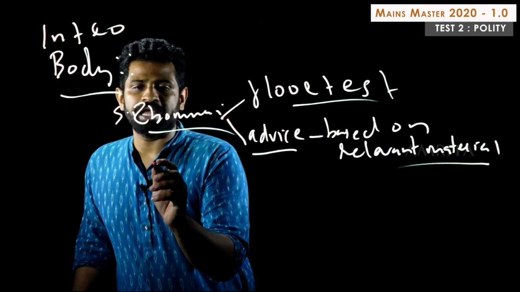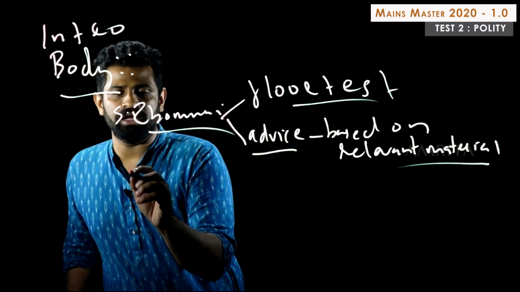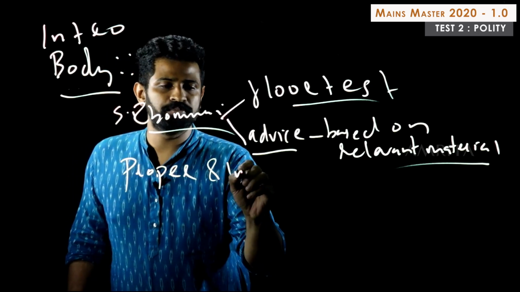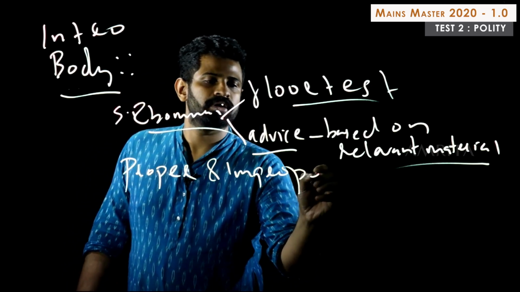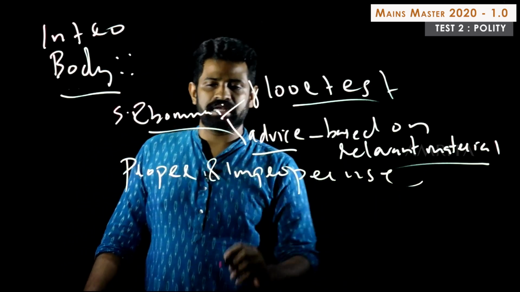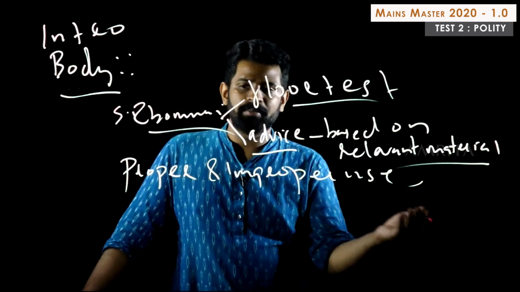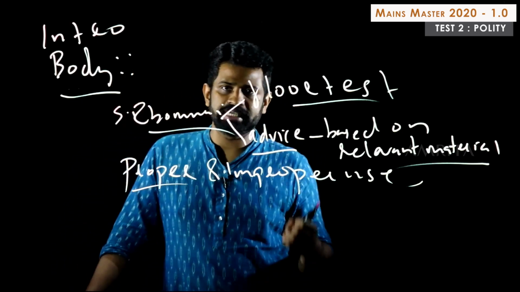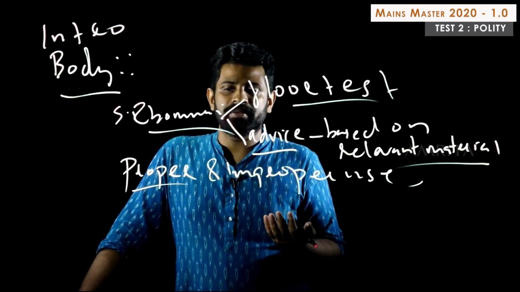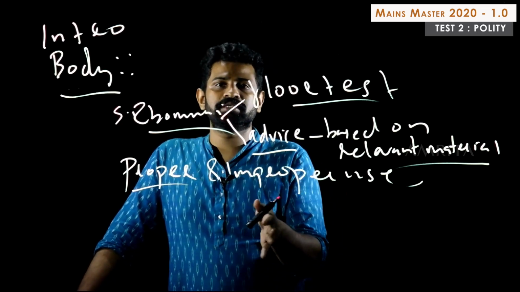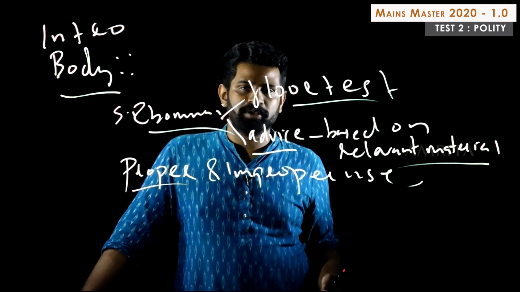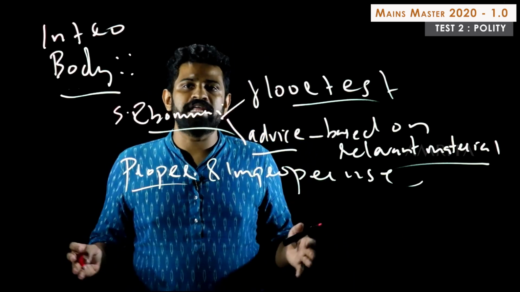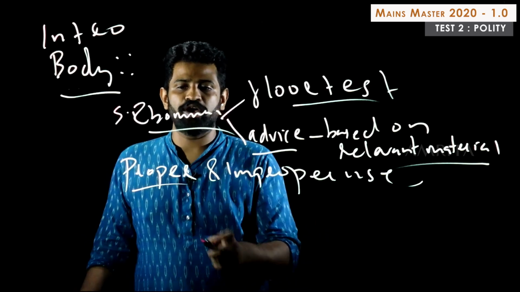Then you can also mention that it laid out examples of proper and improper use of the article. Maybe you could give two examples in both cases. One example of proper use of Article 356 would be when, after general elections to the assembly, no party gets a majority, the scenario of a hung assembly.